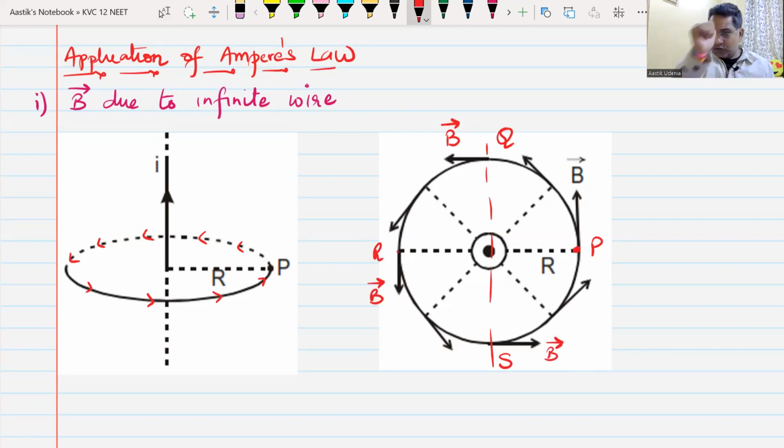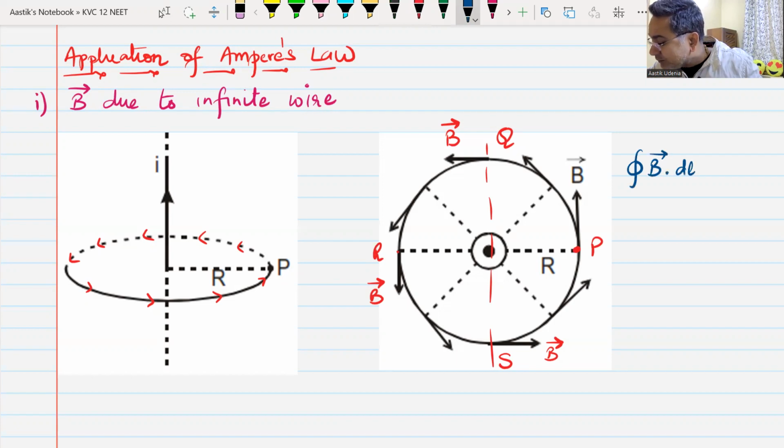So you put your thumb in the direction of current and you can see the magnetic field moving in circles. We understand this. At all the points, magnetic field is going to be same. I can prove this by your Ampere circuital law. Remember, Ampere circuital law is the integral of B dot dl equals mu naught times the current enclosed.